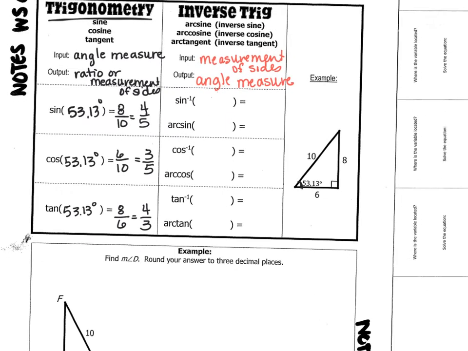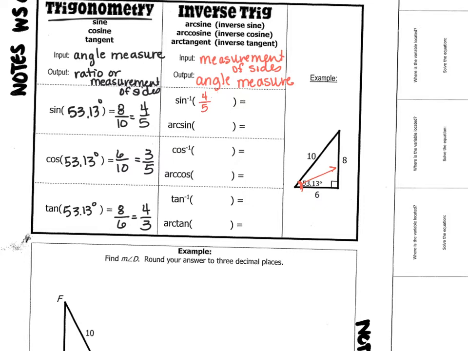So again, in that right triangle on the right, if I want to find the inverse sine of the relationship, sine of this angle would be opposite over hypotenuse, which is really 8/10, but I went ahead and reduced that to 4/5.